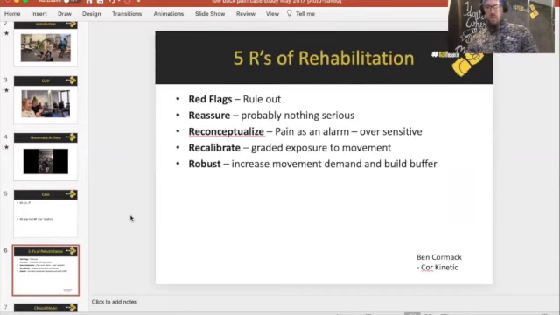How we structure rehabilitation, this was something that we learned and covered with Ben Cormack in our early days when we started up, and it's a really nice framework to be able to use, these R's, because the first step is always going to be ruling out red flags.